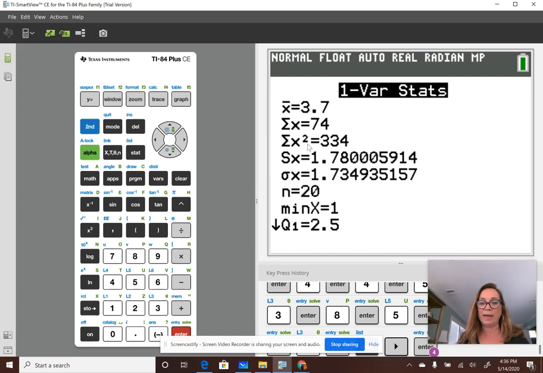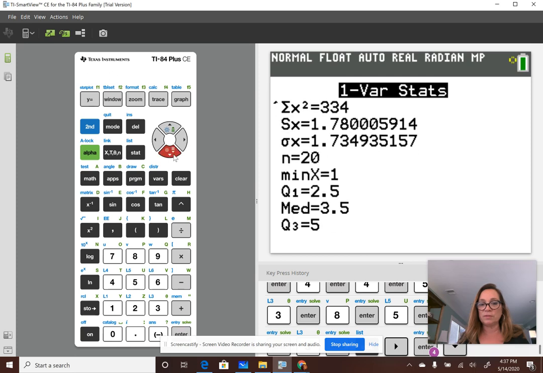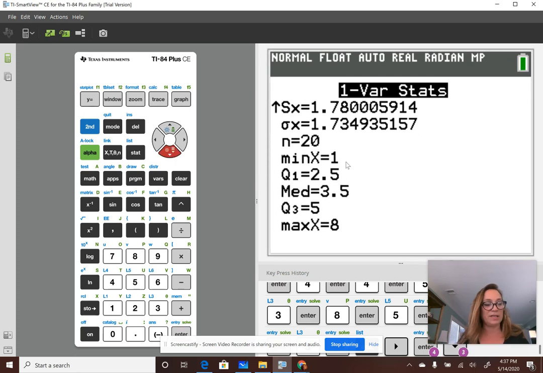And you have to know about sample standard deviation and population standard deviation. And they're always going to be close. n represents the number of terms. And then that's your 5-number summary. So you can refer back to page 13 if you want.